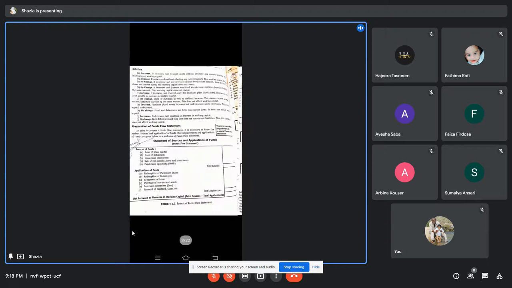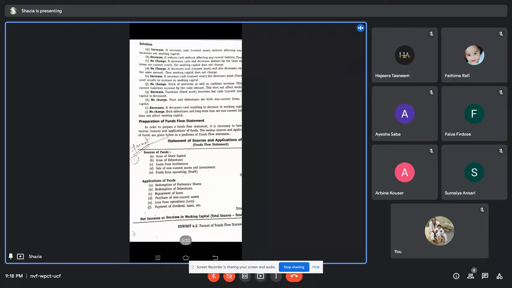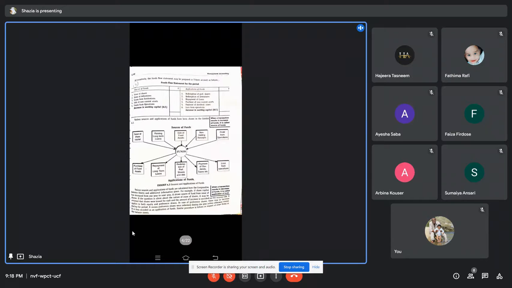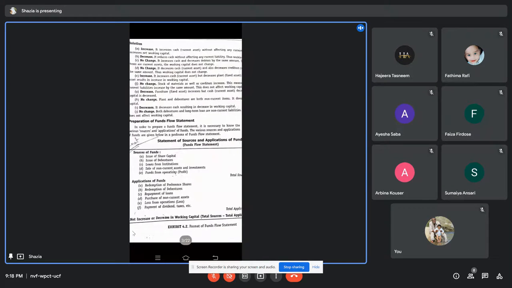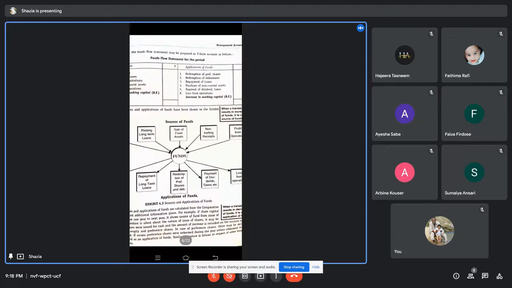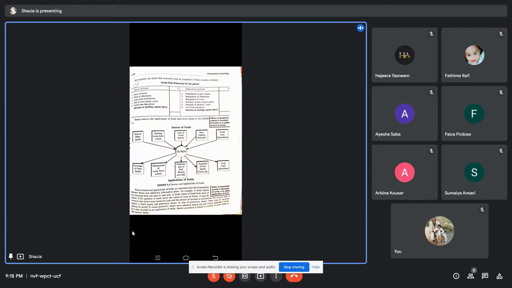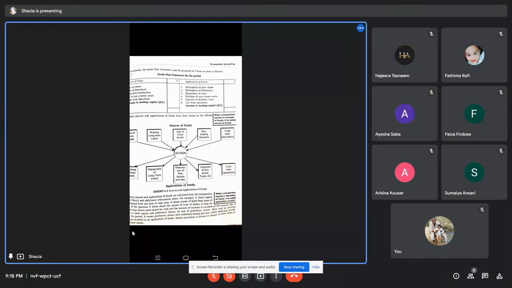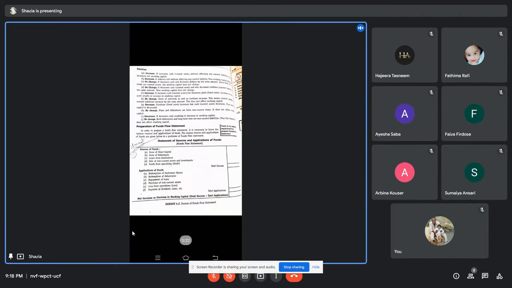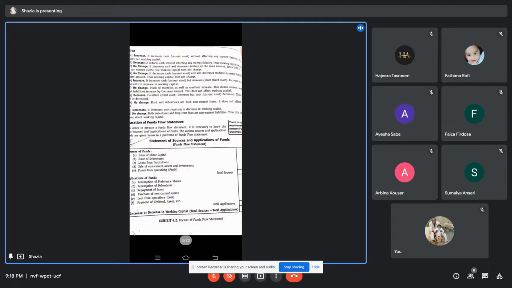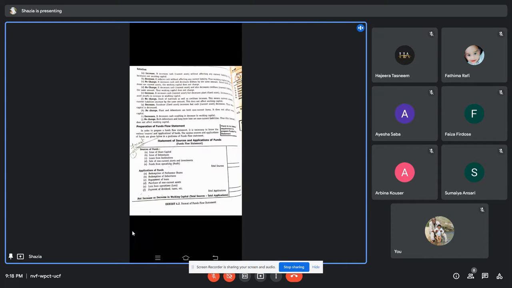Whatever sources of funds they have, that will be taken towards the debit column. The remaining items, that is application of funds, will be taken towards the credit column. The difference between them will be considered as increase or decrease in the working capital. Add total sources and total applications. The difference between these will be your increase or decrease.